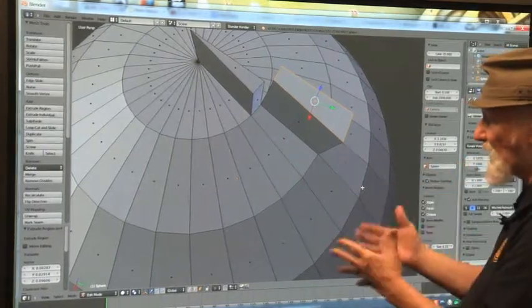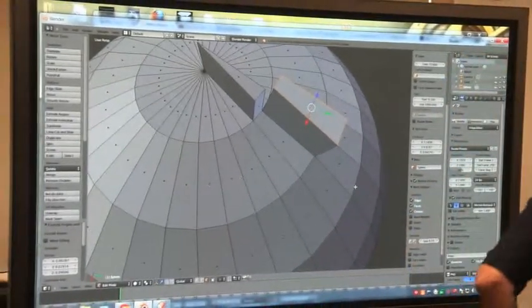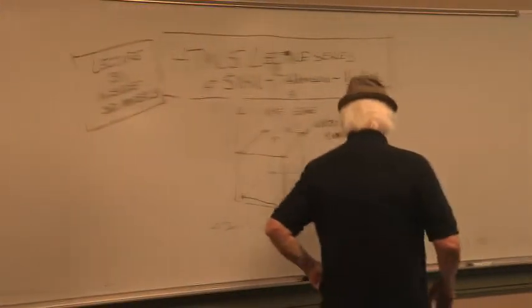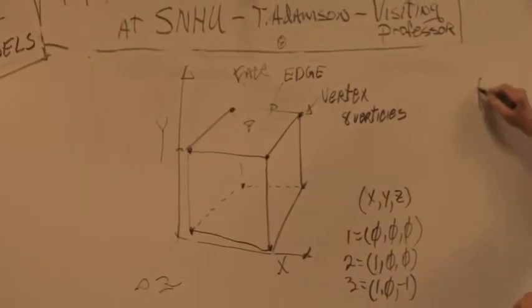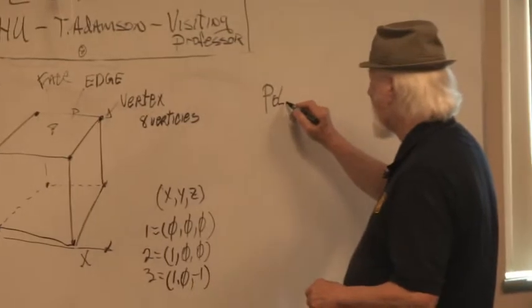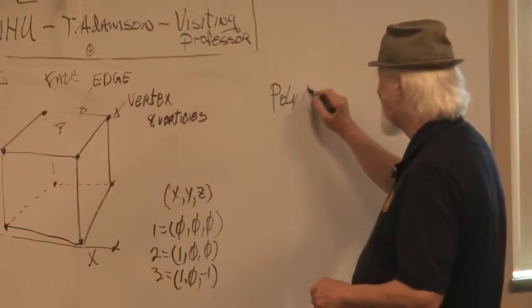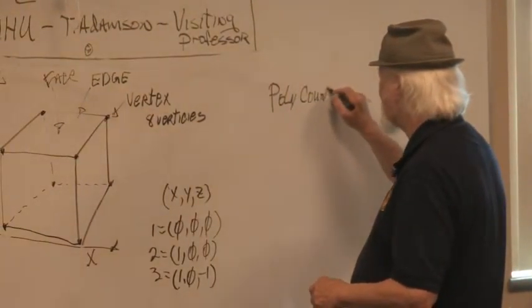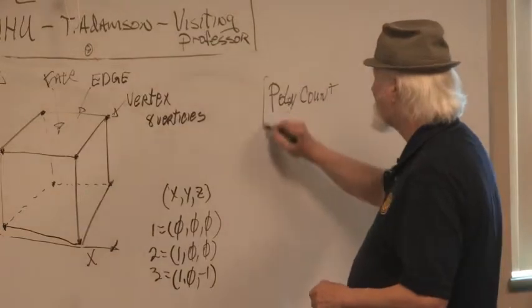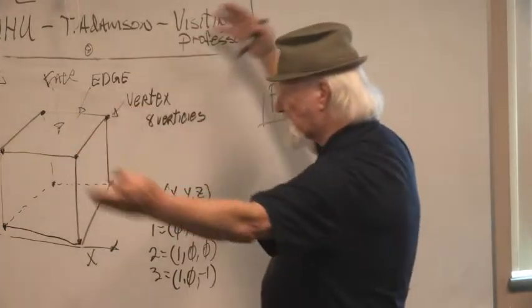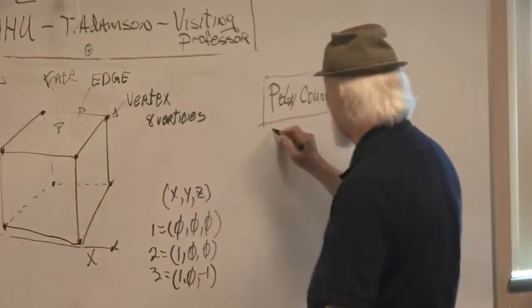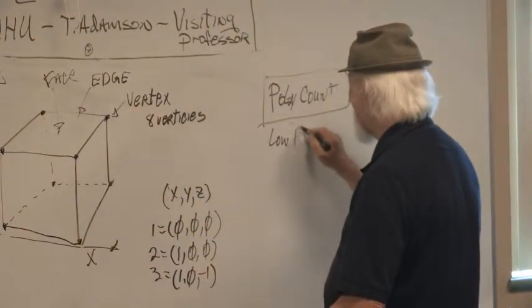So I'm very concerned about, let's go back to the board here, please. The poly count. What I want to have on my mesh, that's what this is going to be called when I put these together, I want to have a low poly count.